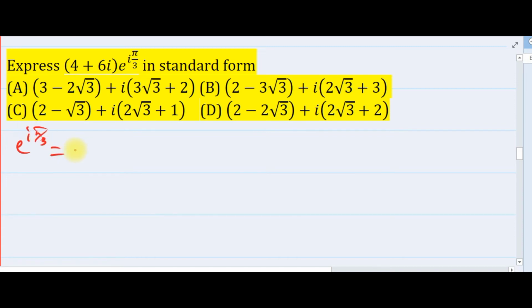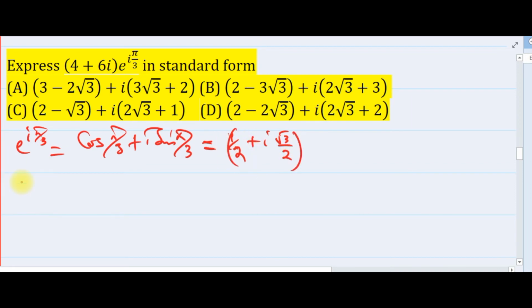If you could remember, this is cos pi over 3 plus i sine pi over 3, which is cos 60, which is half, plus i root 3 over 2, since sine 60 is root 3 over 2. So we now multiply 4 plus 6i, or let's write it as 4 plus 6i times half plus i root 3 over 2.